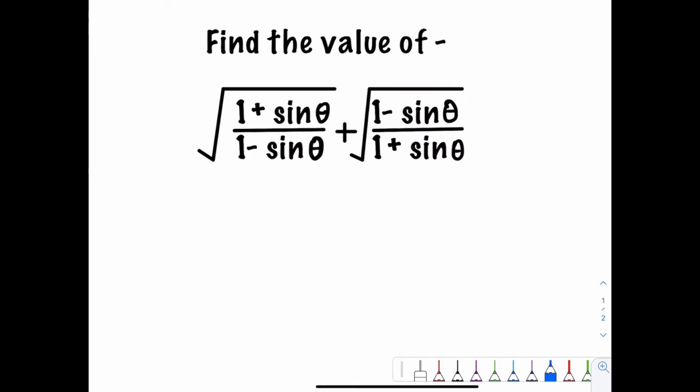Find the value of under root (1 plus sine theta) upon (1 minus sine theta) plus under root (1 minus sine theta) upon (1 plus sine theta).